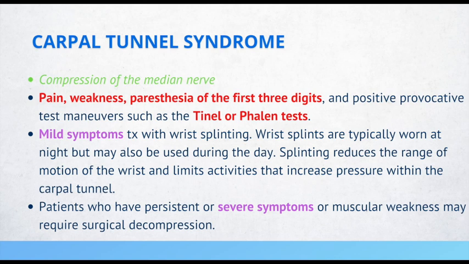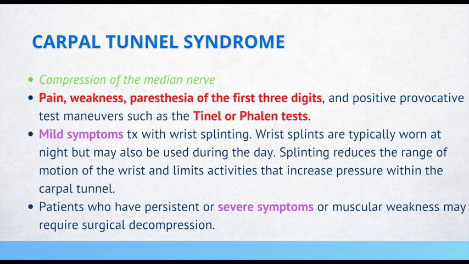Wrist splints are typically worn at night but may also be used during the day. Splinting reduces the range of motion of the wrist and limits activities that increase pressure within the carpal tunnel. Patients who have persistent or severe symptoms or muscular weakness may require surgical decompression.